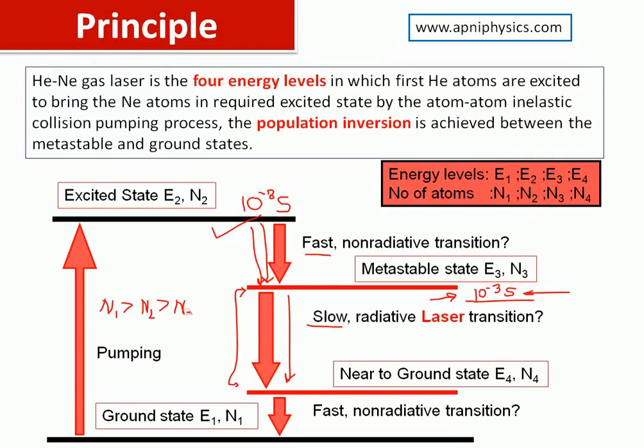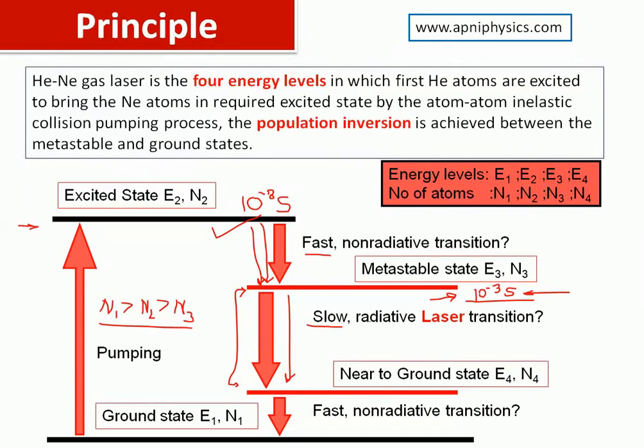We are talking here about the 4 energy levels. So in all the cases N1 will be larger as compared to the other numbers of atoms, but this situation is the general condition, right? So in general the maximum number of atoms will be in the ground state and the minimum number will be in the excited state, right?